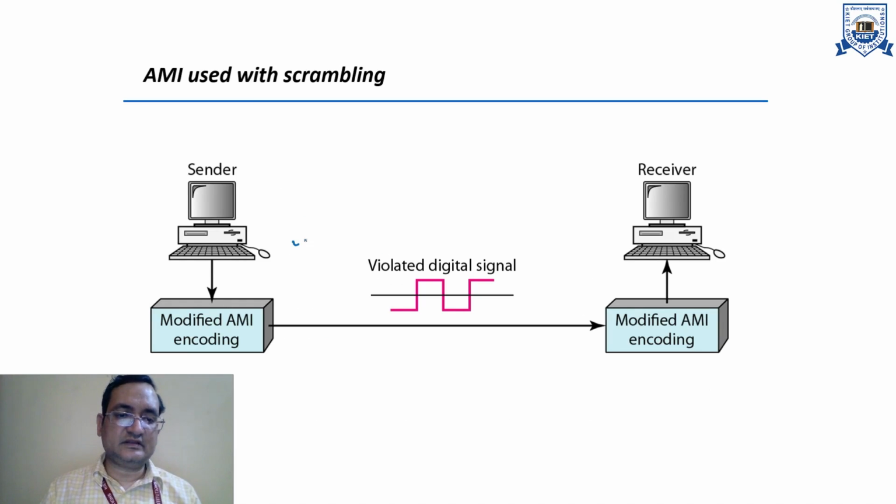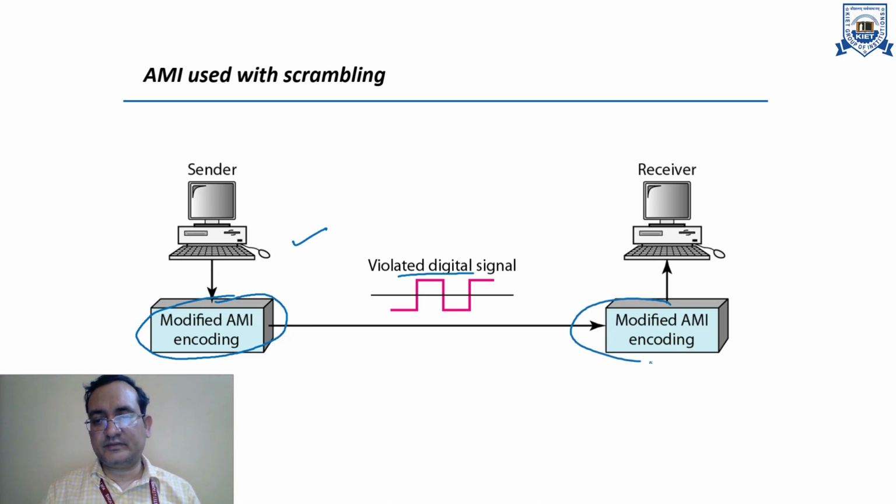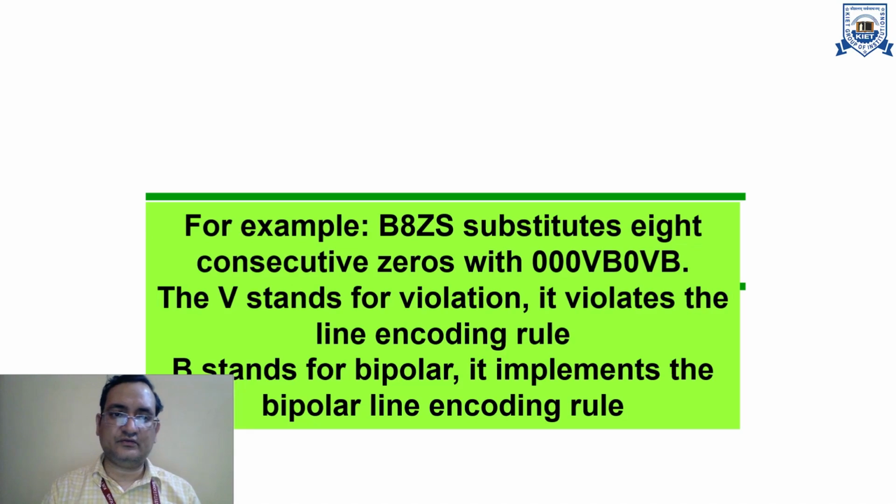So this is the advanced version of alternate mark inversion with scrambling. This is a violated digital signal, modified alternate mark inversion encoding, and then sent to the receiver.